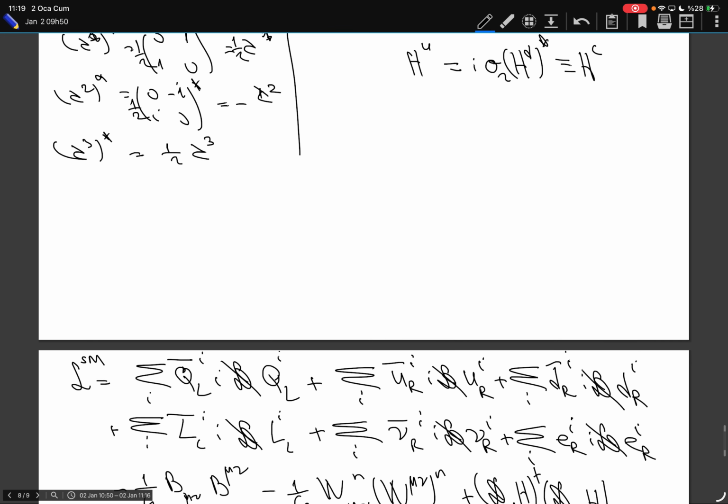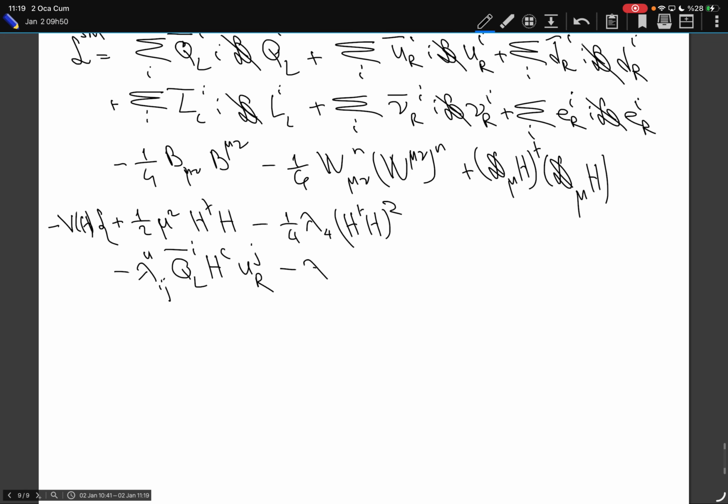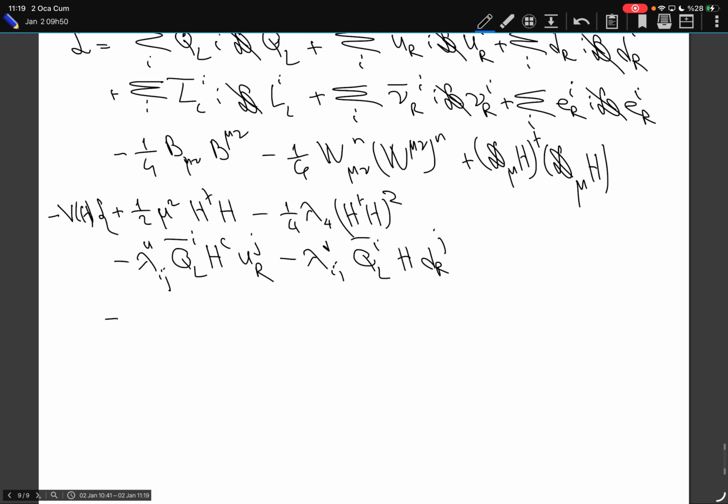Then I have minus lambda D_ij Q_L,i H D_R,j. So these are for the down-type quarks. Then I have the same terms for neutrinos in the leptonic sector.